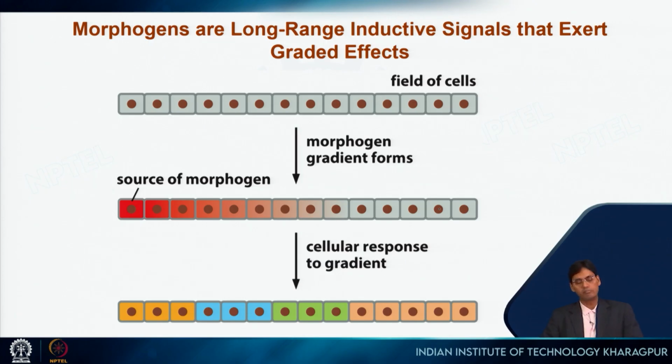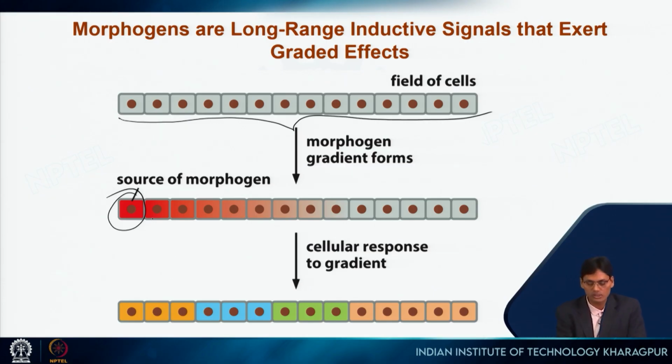Here, the morphogens are particularly long-range inductive signals that exert graded effect, as you can see. So we are showing in 2 dimensions only. As you can see, those cells are present in this way, but you can also understand in 3 dimensions that everywhere cells are present, and maybe this is the source cells which are producing some kind of morphogen. So it will be diffused from the source like this.